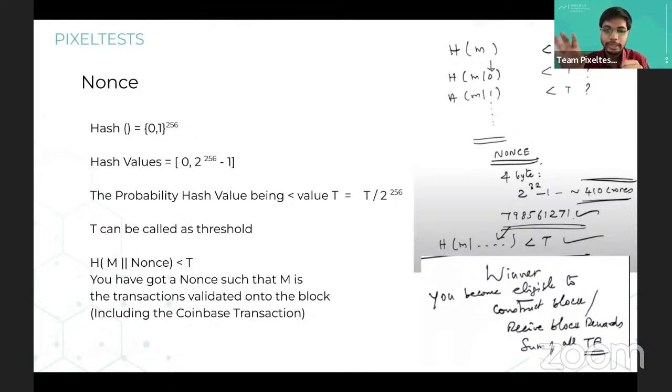Normally whenever a normal transaction happens, there are inputs and outputs. But for the Coinbase transaction, the first transaction on that block, there are no inputs, and that is where the miner has some scope for adding his own inputs.